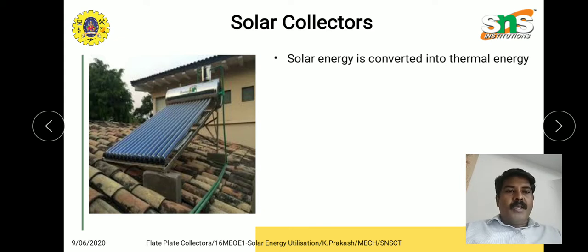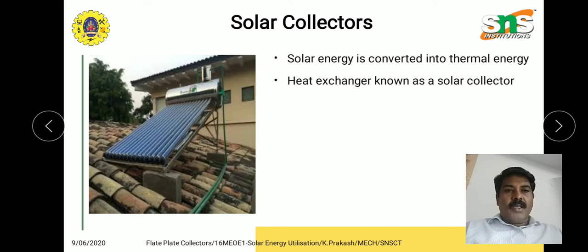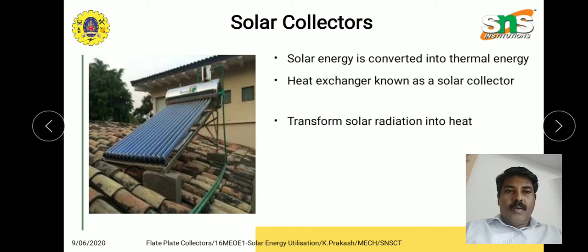To overcome these problems, we are going for solar energy. Solar energy is used to convert into thermal energy, so we are using a solar collector. We can see in this picture a solar collector which can be placed on rooftops. It acts as a heat exchanger and absorbs the heat energy from the sun and transmits it to the water to heat the water.